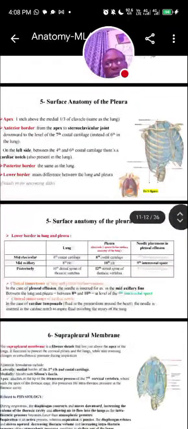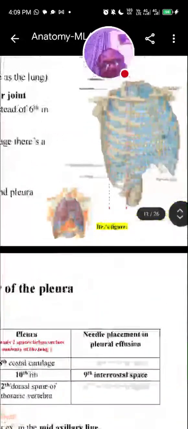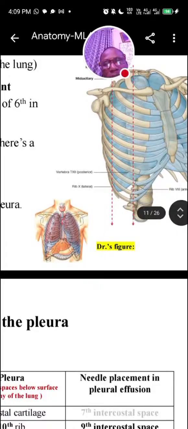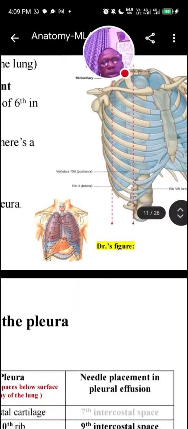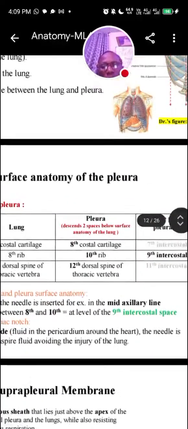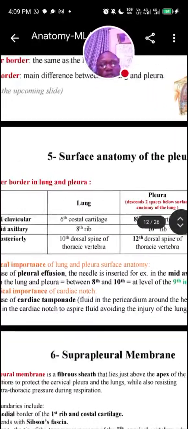You can see the mid-axillary line here. Look at it. You see, that's the mid-axillary line. Good. Now, that's where you insert in case of pleural effusion. What's pleural effusion?